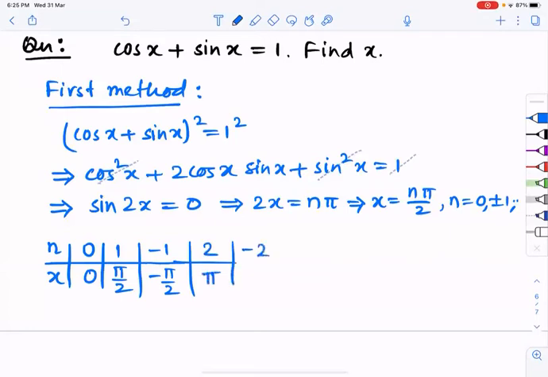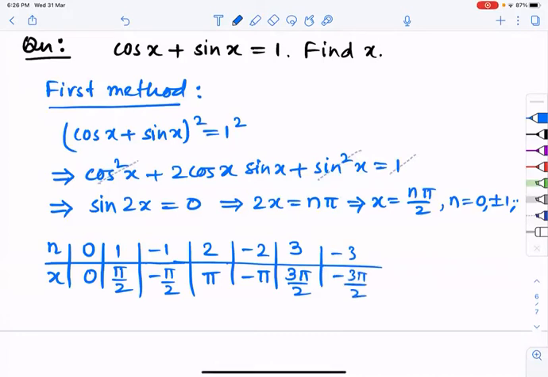If I put minus 2, it will be minus pi. If I put 3, I will get 3 pi by 2. If I put minus 3, I will get minus 3 pi by 2. If I put 4, I will get 2 pi. And minus 4 will give minus 2 pi. All this type of numbers I will get. So these are my solutions.